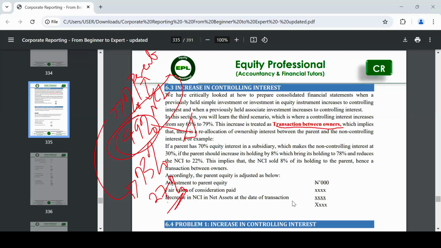Okay? And they're giving us a simple scenario. I'm reading from the second paragraph.